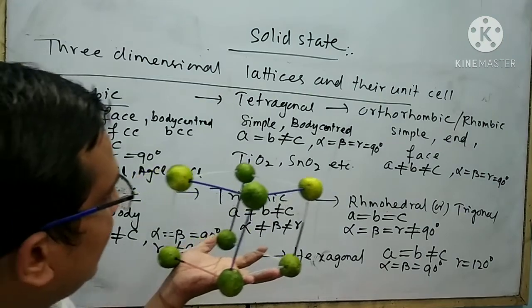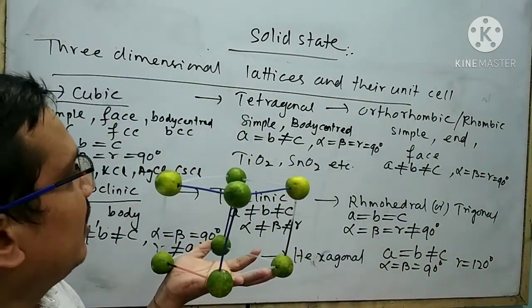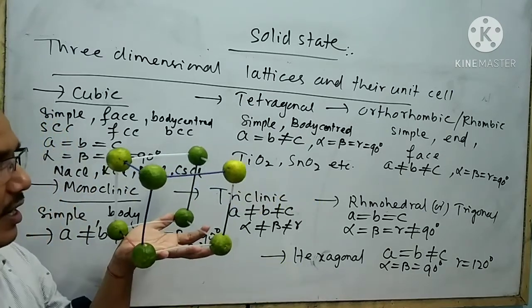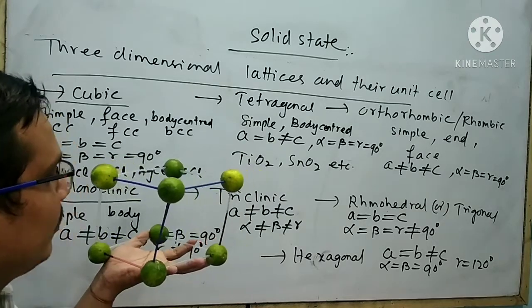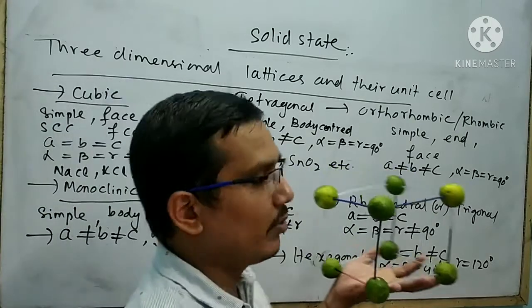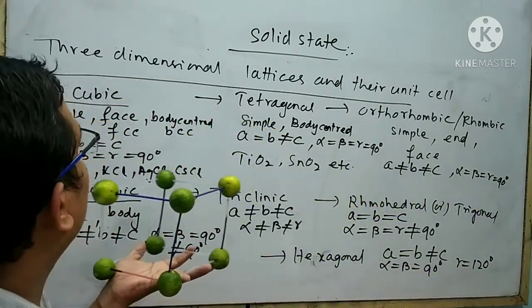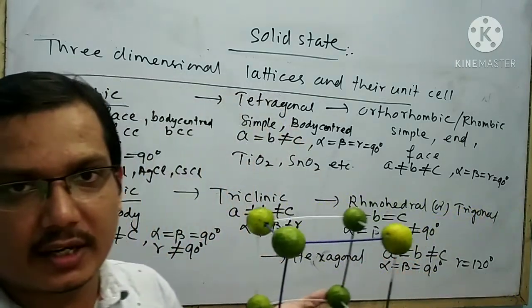Like the cubic unit cell, you can also think about the other types of unit cell, that is tetragonal, orthorhombic, monoclinic, triclinic, rhombohedral and hexagonal unit cell. You can just change the angle and length, and you can form different types of unit cell. This is all about the three-dimensional lattices and their unit cell.